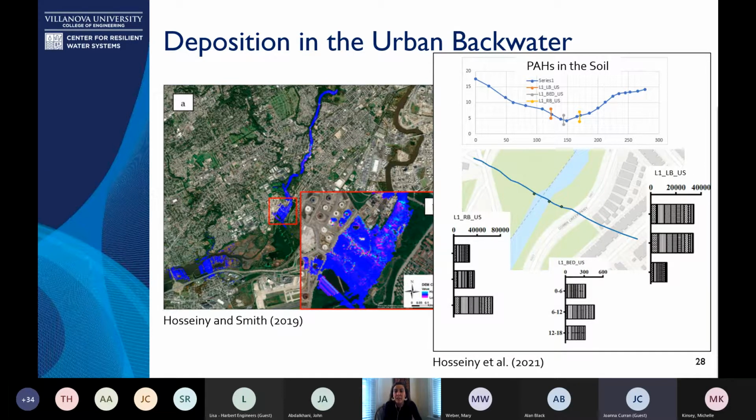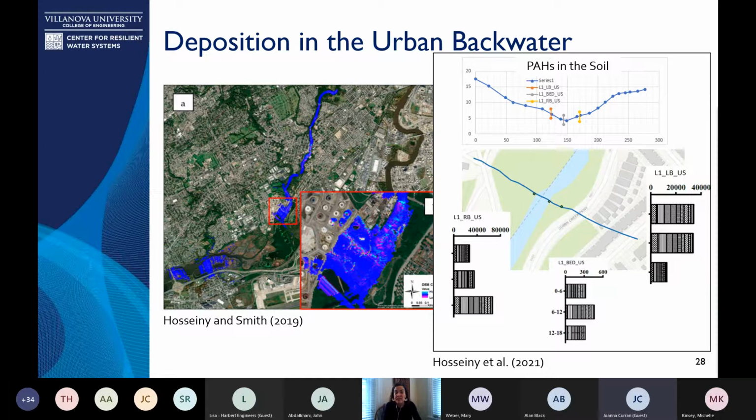So what we did is we modeled the shear stress across this area, and then we went out and took soil samples and tested them for PAHs. And what we found was that in the bed, where you had a lot of constant shear stress, the PAHs were a lot lower than they were in the banks.